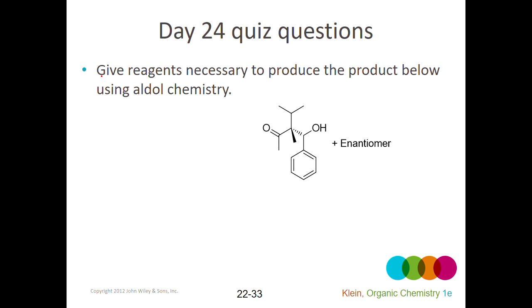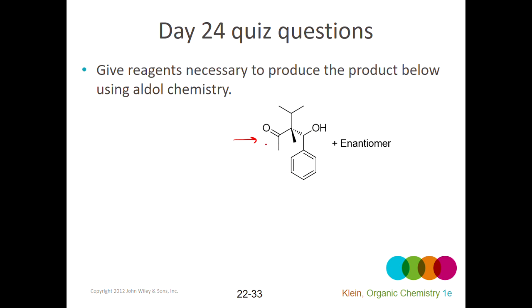in relation to that, the last quiz question that was due today, just a look at the reaction from a retrosynthetic perspective, right? So if I tell you, I want you to make this product from an aldol reaction, you have to think about how to disconnect, right?